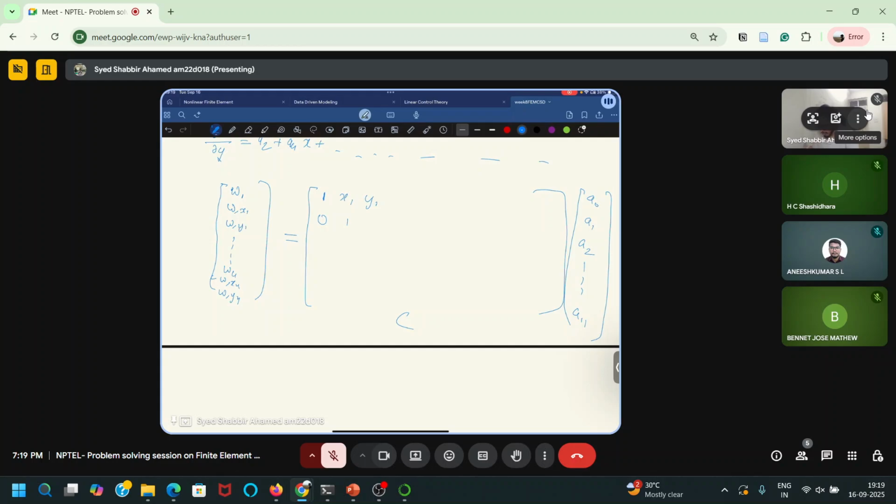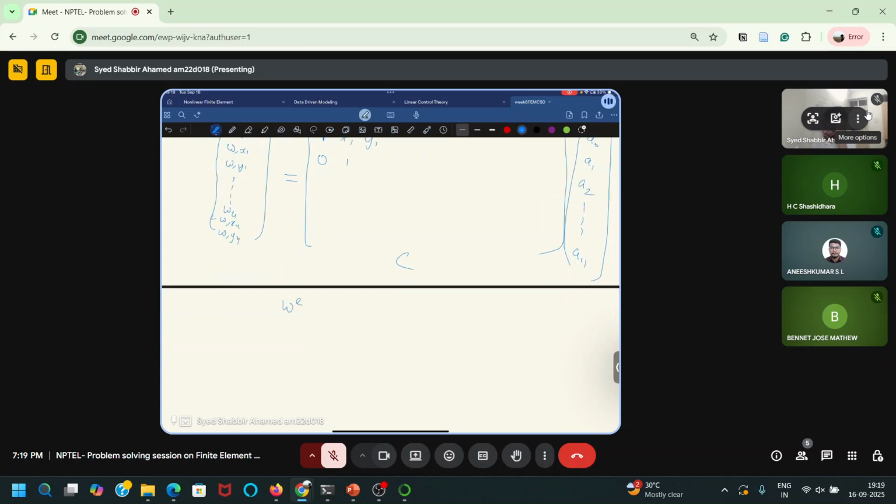So I know the coordinates. I can write this as WE, the deformations at all the nodes, including the transverse deformation and also the slopes, will be equal to C into A. A is nothing but this vector a naught to a11, and C is the coordinate matrix.